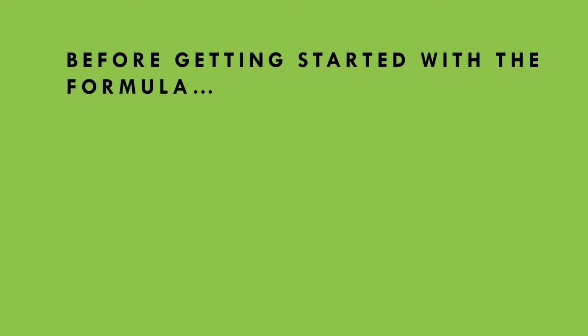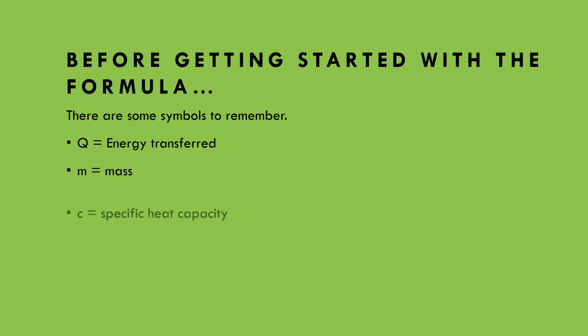Now I'm going to tell you the formulas for specific heat capacity and heat capacity. But before we get started, there are some symbols to remember. Q is the energy transferred, m is the mass, c is the specific heat capacity. Note that specific heat capacity has a smaller letter c instead of a larger letter C. So the larger letter C stands for heat capacity, while the smaller letter c stands for specific heat capacity.